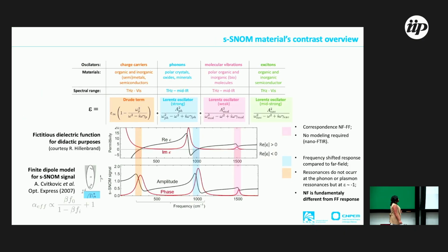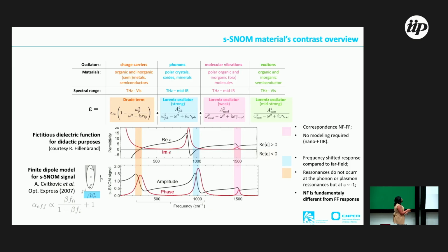Okay, this is just a summary of what we know nowadays in that sense. So to explain what we can see with polaritons in different types of materials, we created here a fictitious dielectric function, because there is no material that is a metal, semiconductor, and all those things together. And we can compare with the model used to simulate these experiments, the dipole model.